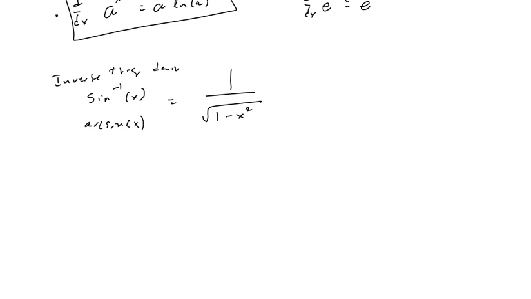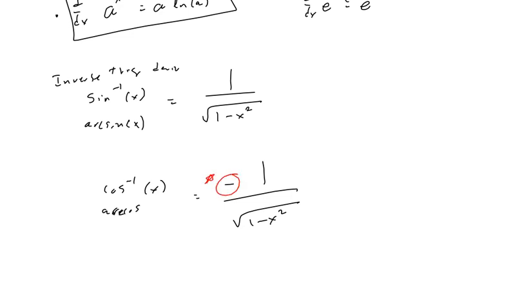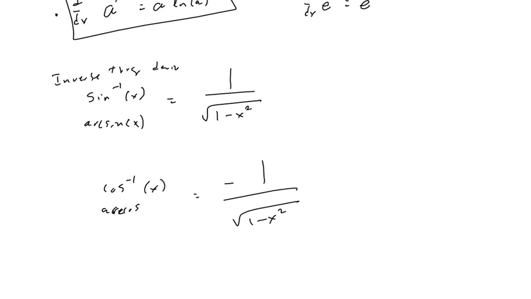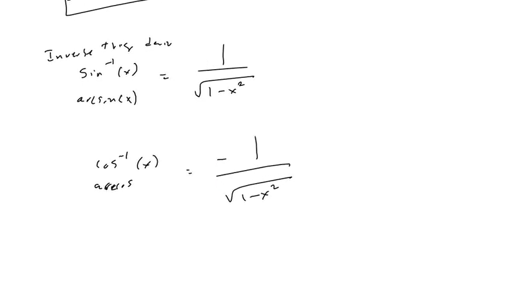Inverse cosine is almost exactly the same, or arc cosine. It's negative 1 over radical 1 minus x squared. So cosine, as always, is negative. The only difference between sine and cosine is one is positive, one is negative. The last one that you're likely to see is the inverse tangent, or the arctangent.